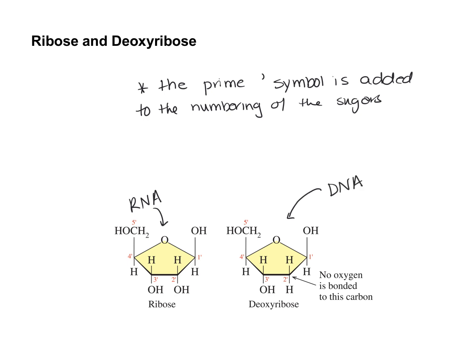That's in DNA. Now, the big difference here, of course, is the deoxy, and I want you to notice right here at that 2' position, what we see is that there's no oxygen bonded to the carbon in the deoxyribose. So otherwise the structures themselves are identical, but that's what it's missing.